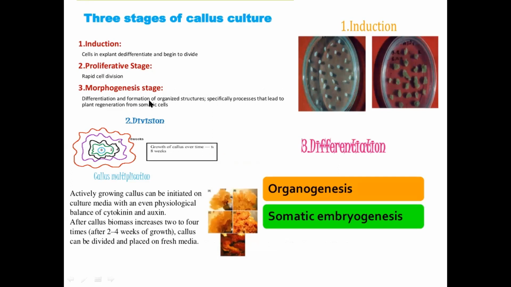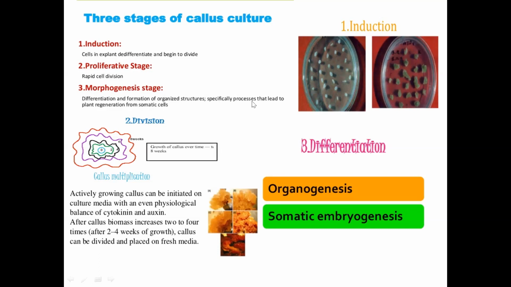And morphogenesis is the differentiation stage. This morphogenesis stage will depend on what you put in the medium. If you put in more auxin, you might get shooting. If you put in more cytokinin, you might get rooting. So it depends on the stage. This is called organogenesis. Morphogenesis is nothing but the organogenesis from callus.